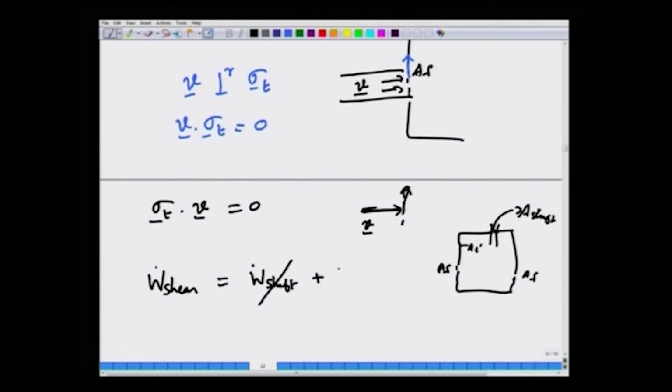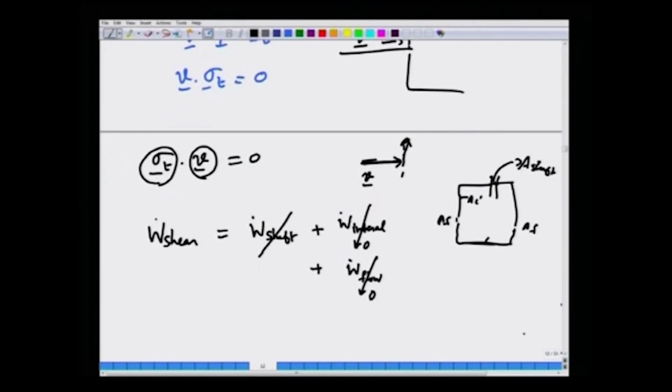One is due to the work done at the internal areas, which we said is 0, because even though there is a stress, there is no velocity. So, sigma T dot V is identically 0. And in the third case, the work done at the flow areas is 0 because the stress, the force and the velocity are orthogonal to each other. So, W dot shear is 0 because we have already taken into account the shaft work separately.